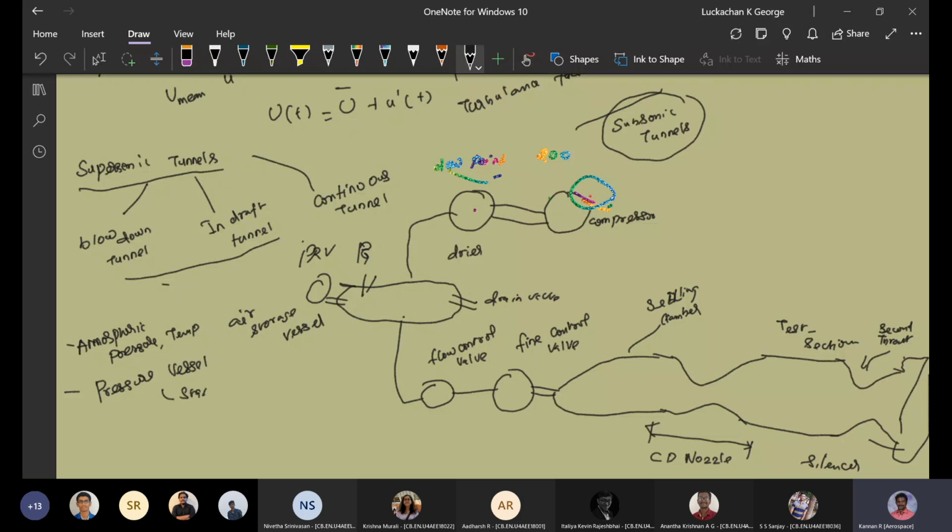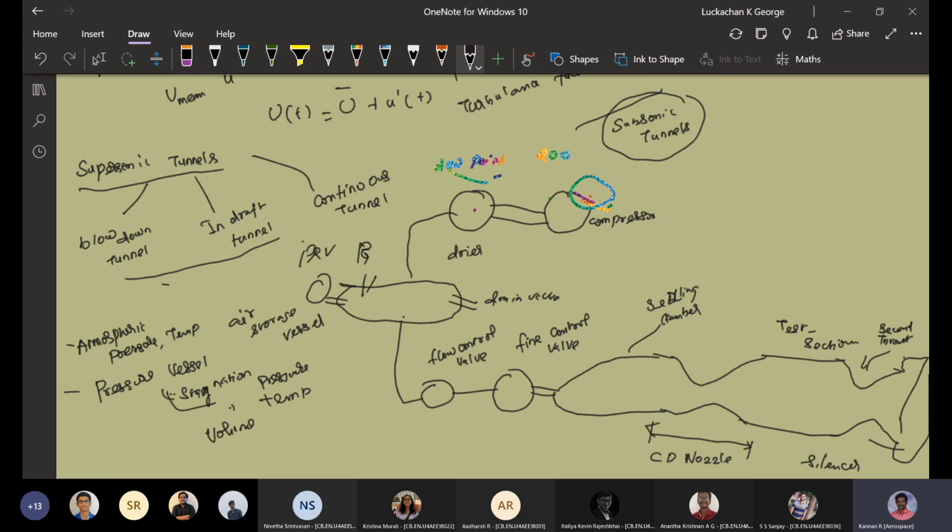Second, mainly the pressure vessel stagnation pressure, the stagnation temperature, and the tank volume.